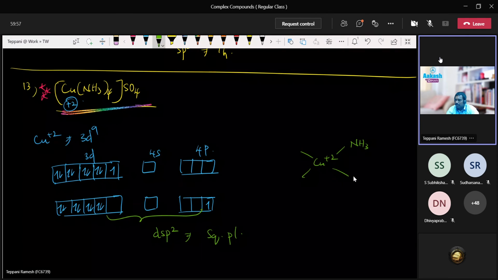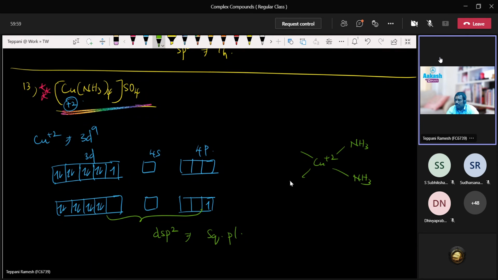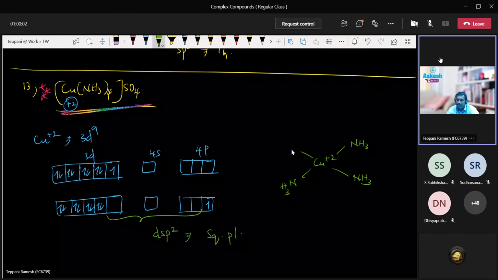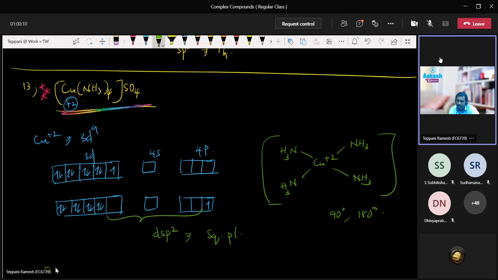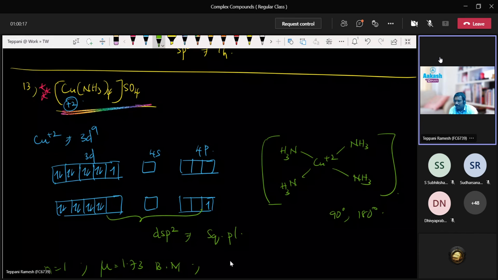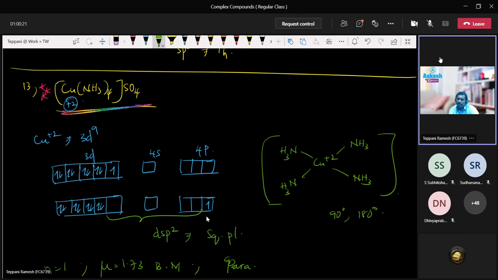You don't need to represent it every time; you can simply write it. Square planar, 90 degree and 180 degree angles. n value 1, mu value 1.73, same details, paramagnetic. The only difference is that the unpaired electron shifted here.